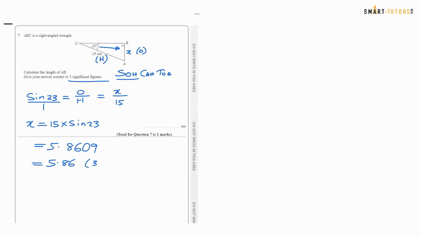But they ask you to do the 3 SF roundup, so 5.86 to 3 SF. Significant figures always start from the first non-zero digit: 1, 2, 3. So this is the line. So 0 is less than 5. So the final answer is 5.86, to the nearest 3 significant figures.